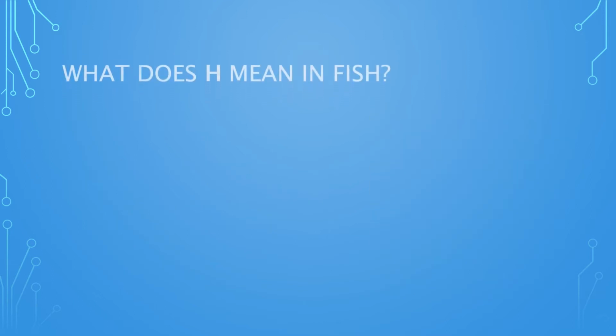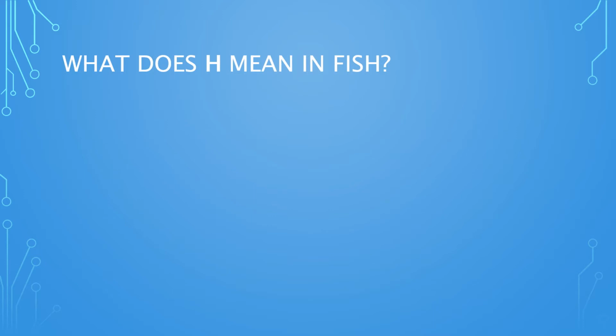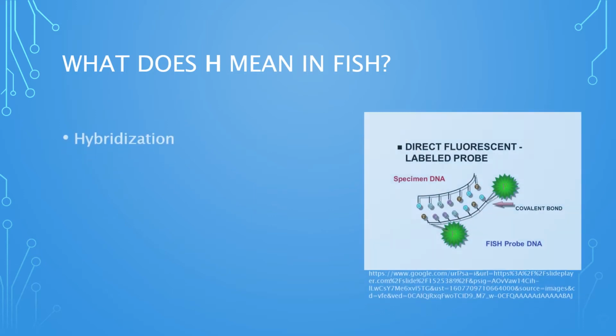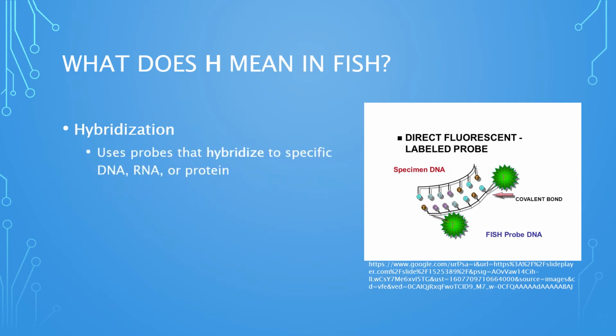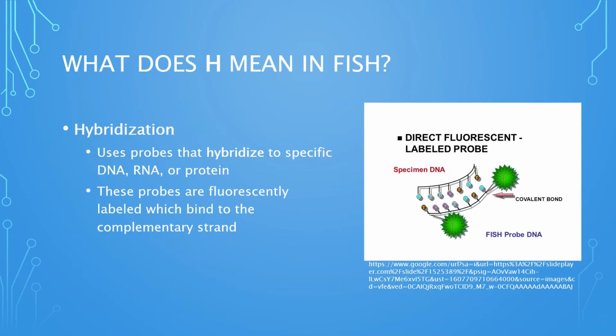Lastly, what does the H mean in FISH? The H stands for hybridization. In this method, probes are used to hybridize to specific sections of DNA, RNA, or protein. These probes are also fluorescently labeled.